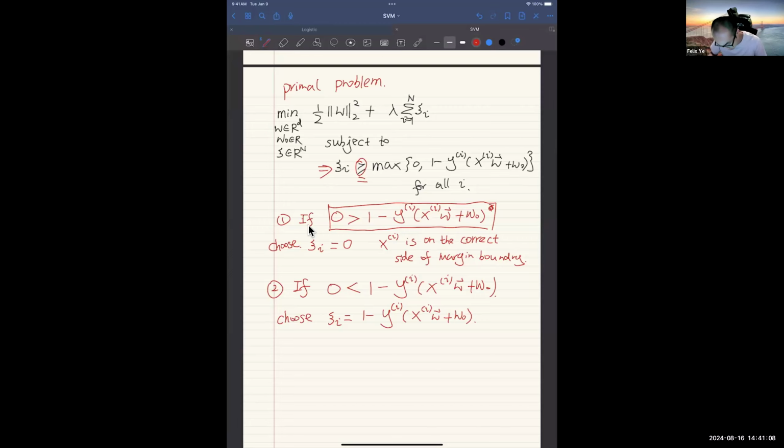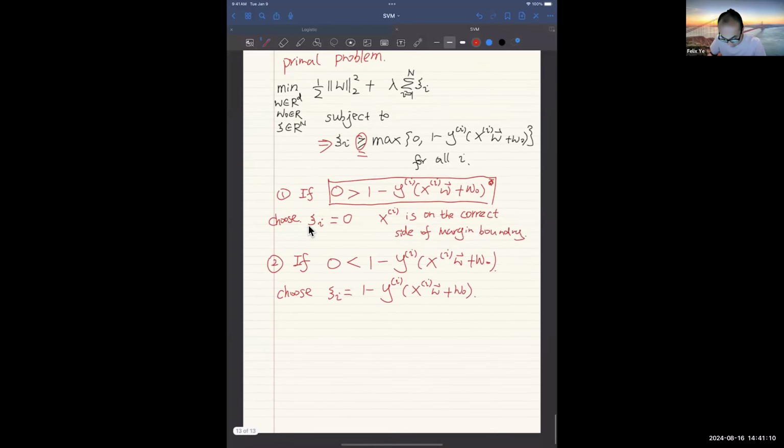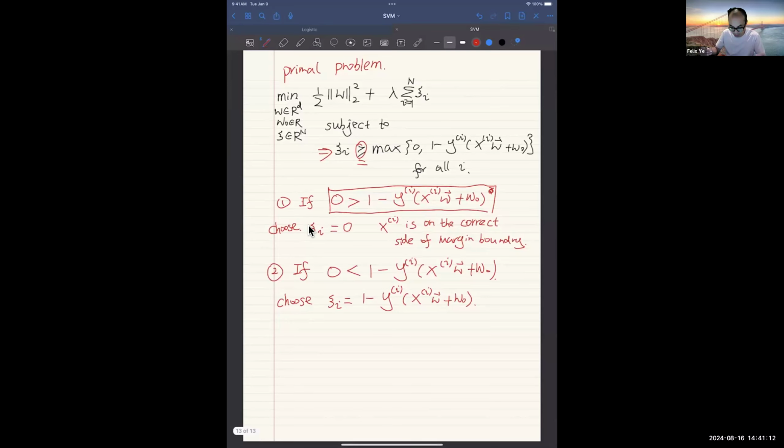If we choose c_i to be that specific value, that is the minimum we can choose, and that indicates x_i is on the wrong side.